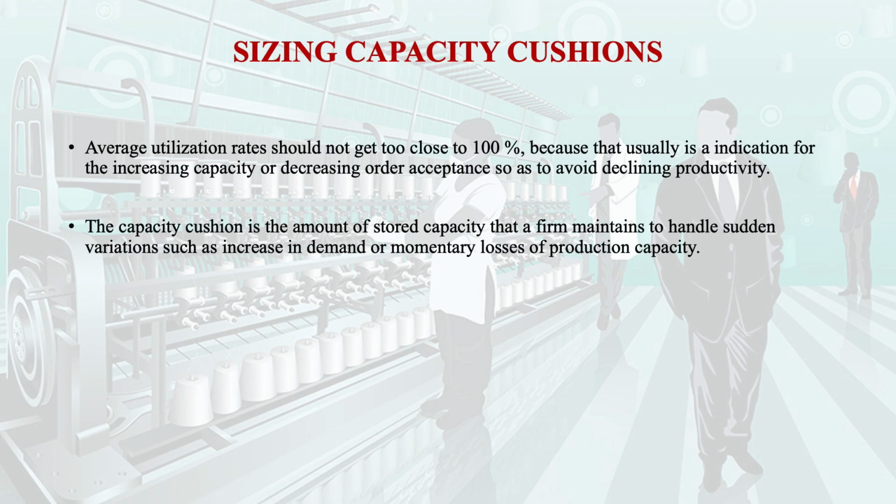The capacity cushion is the amount of stored capacity that a firm maintains to handle certain variations such as an increase in demand or a loss in terms of production capacity.